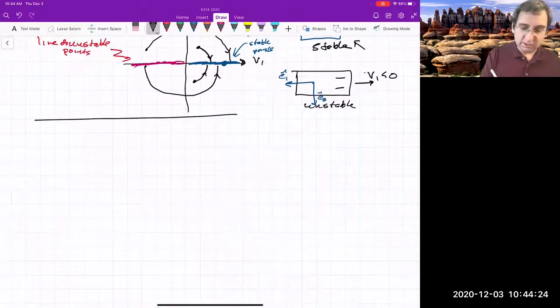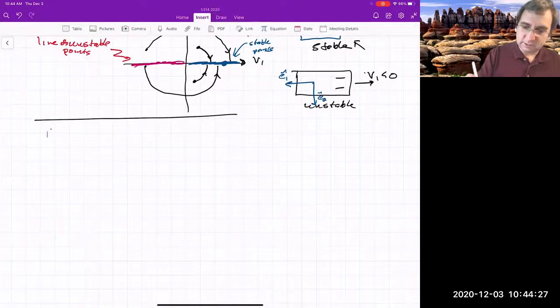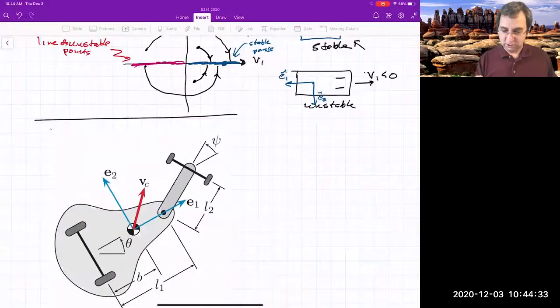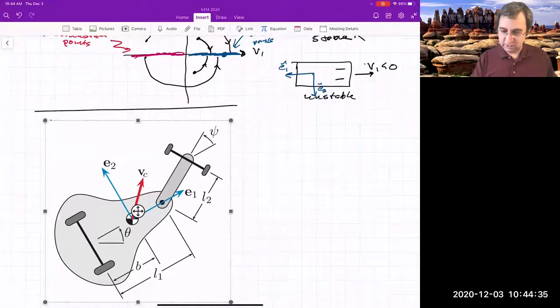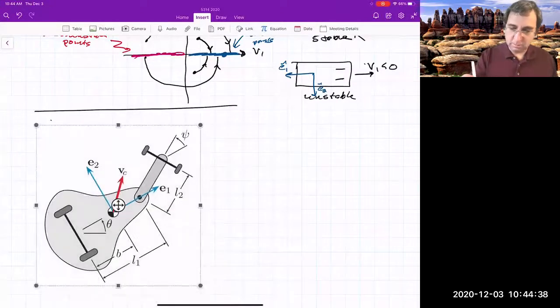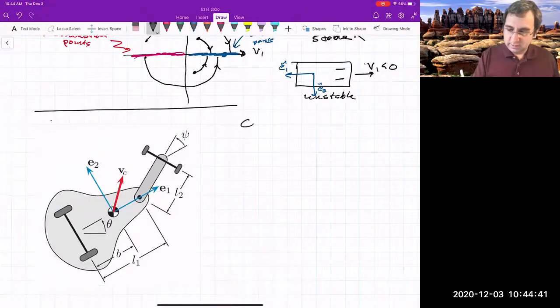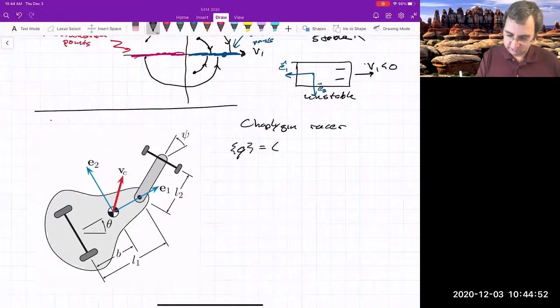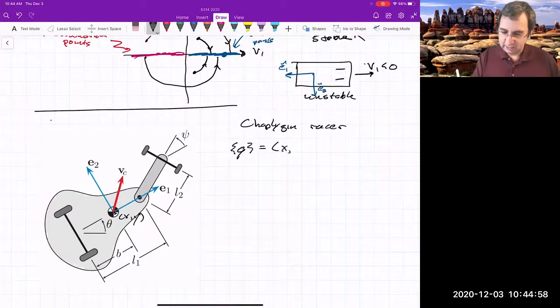Just to tell you some other things, and this will be quick, if I had this situation, I think I called this the Chaplygin racer, because it's kind of like a roller racer, but weird. For the Q's, we're tracking the center of mass here: X, Y, and then the orientation of that mass, and then this angle too.